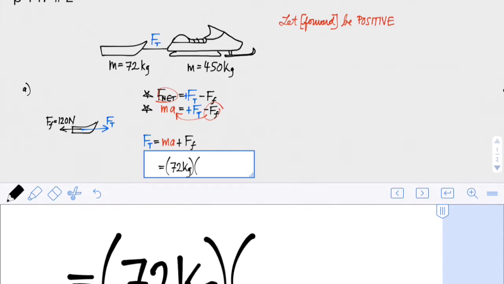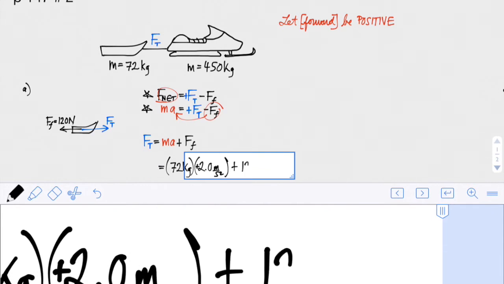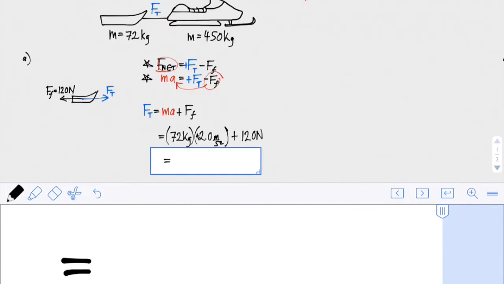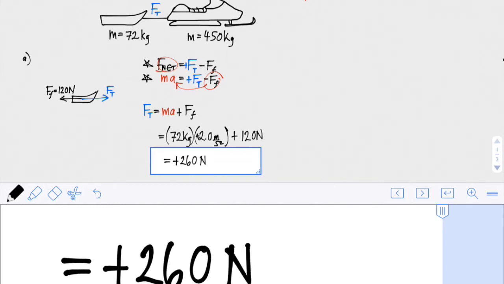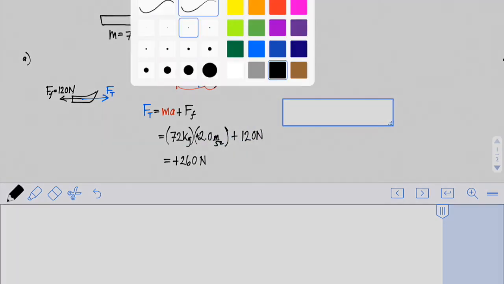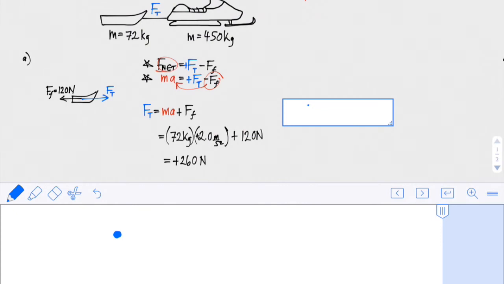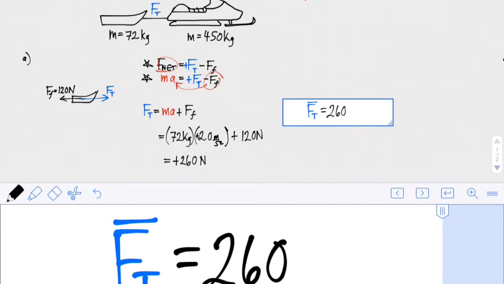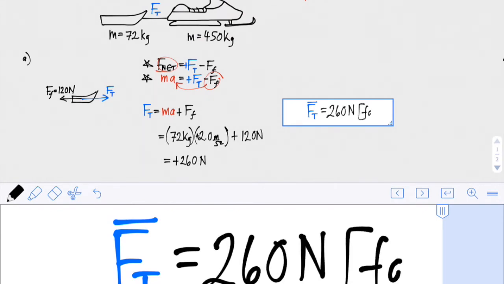We know the acceleration from the question is positive 2.0 meters per second squared, and friction is 120 newtons. If we punch this into our calculators, we end up with positive 260 newtons. So we can say that the force of tension is equal to 260 newtons forward.